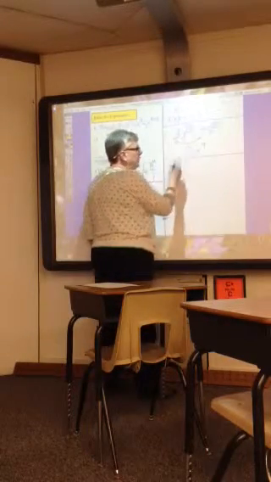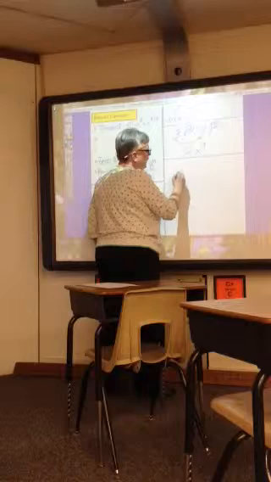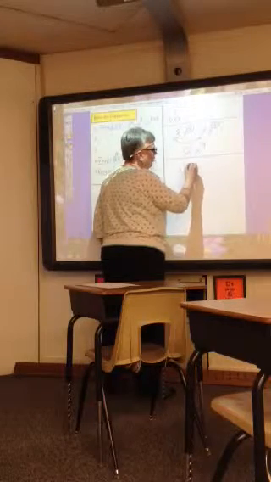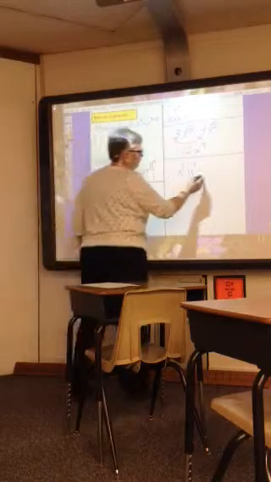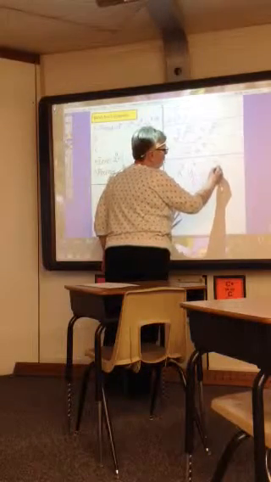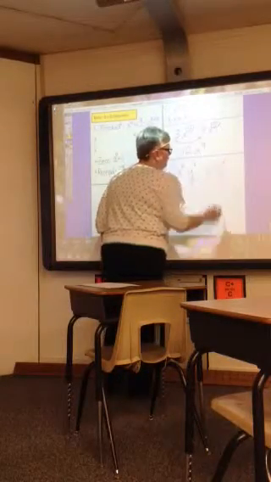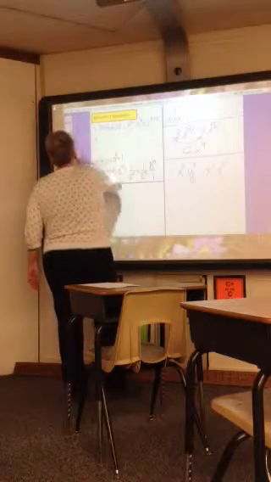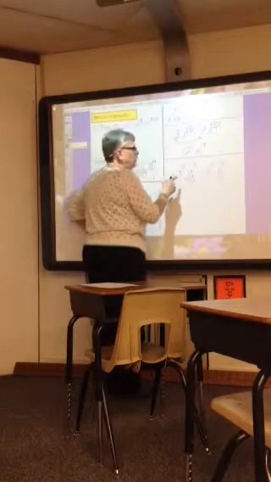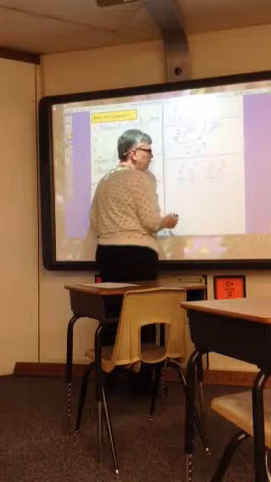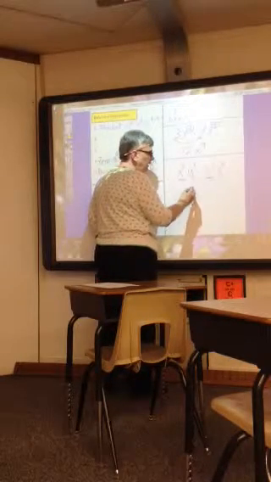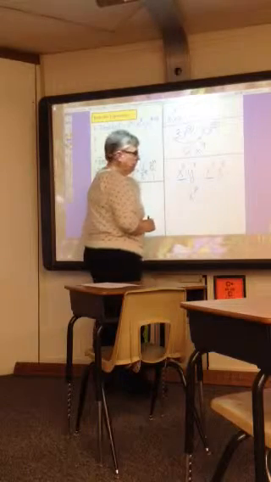I can have different kinds of bases. So if I had x squared y to the 3rd times x to the 5th, y to the 8th. The product rule says you deal with the ones that are the same. So here's my x base, so I would add the powers and I'd get x to the 7th.